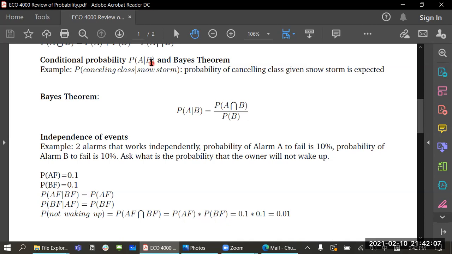What's the chance of A? For example, what's the probability of canceling a class conditional on a snowstorm being expected? If the snowstorm is big, then the probability of A conditional on B is high. It's probably 90 or 80%. I don't remember a time when a snowstorm happened and the class was not canceled.